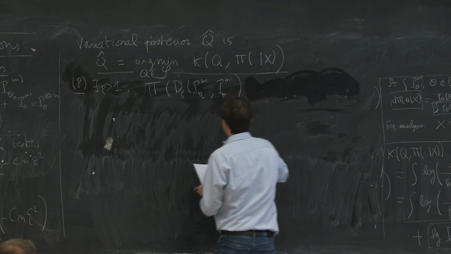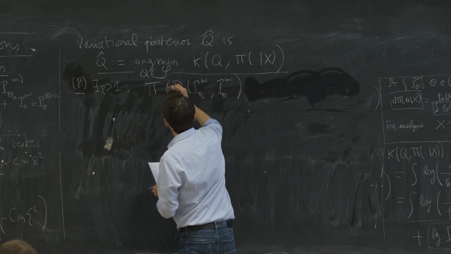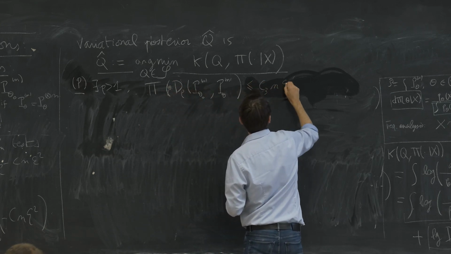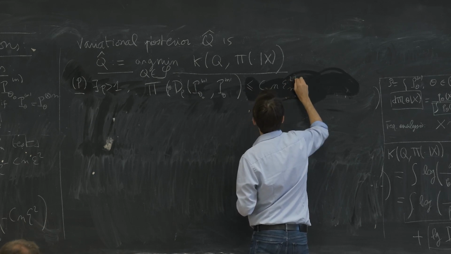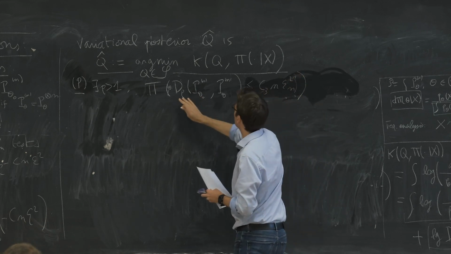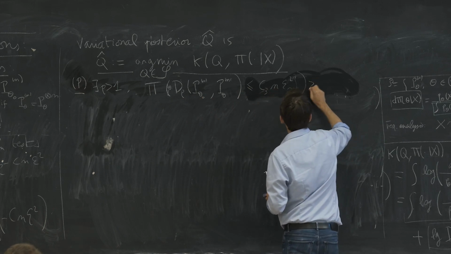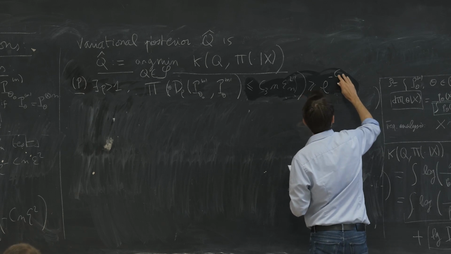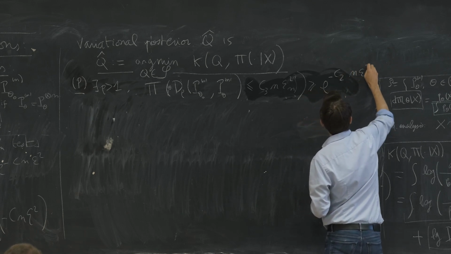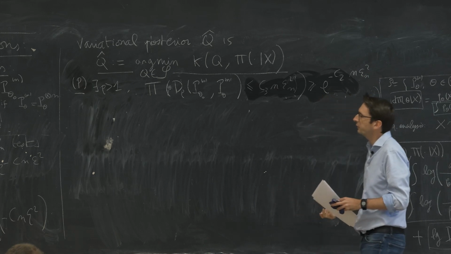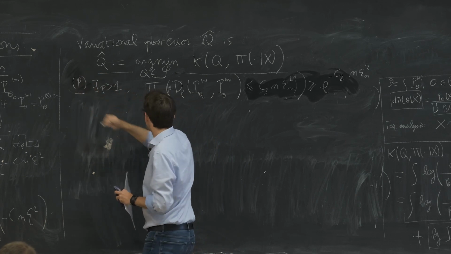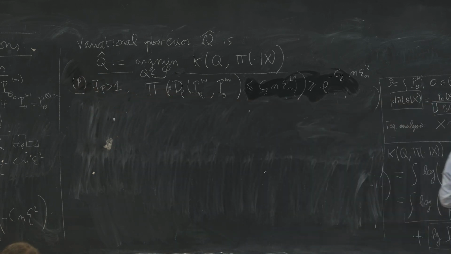The prior mass of the set of thetas such that d rho of theta is smaller than C3 n epsilon n squared, so that's a neighborhood in the d rho sense of theta 0, is larger than exponential minus C2 n epsilon n squared. In spirit it's the same as the prior mass condition, but we formulate it in a slightly different divergence.